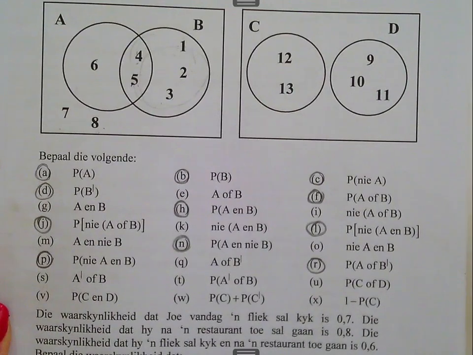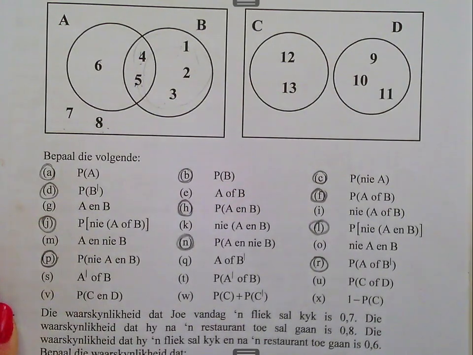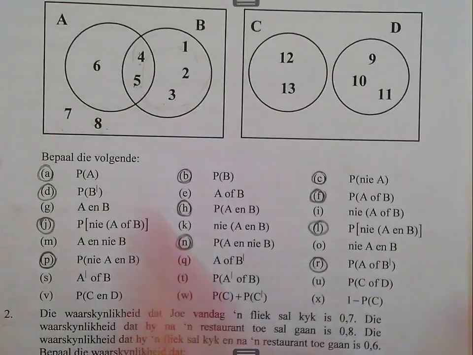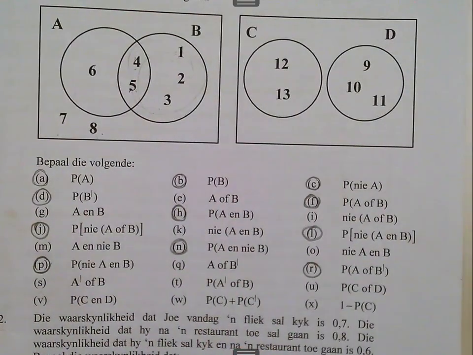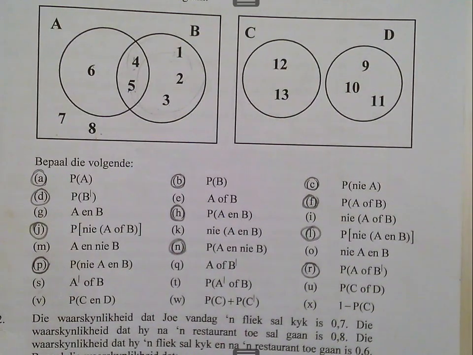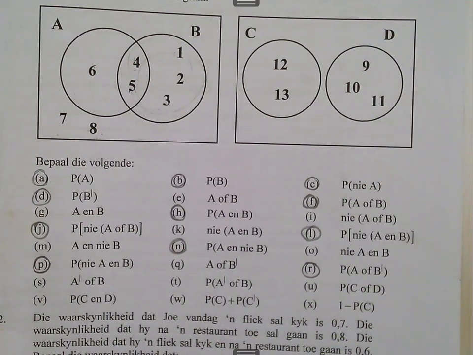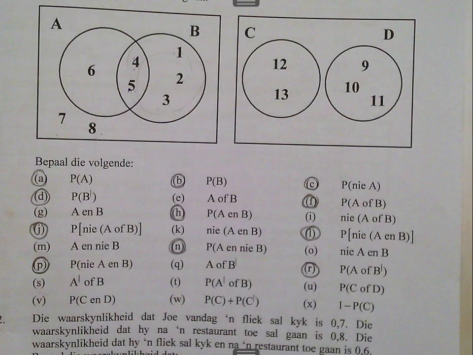You can just use a pencil to identify the ones that you have to do. I've circled the ones, but I will send it on the group as well. So you've got your 2 Venn diagrams, and then you answer these ones. It's just practice for this. If you can read and understand probability, then drawing the Venn diagrams and doing everything with the tree diagrams is going to be much easier. Okay.